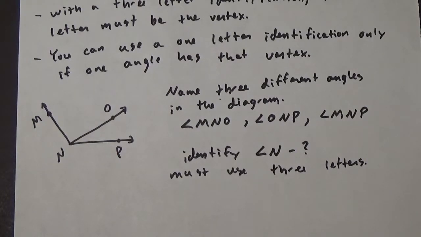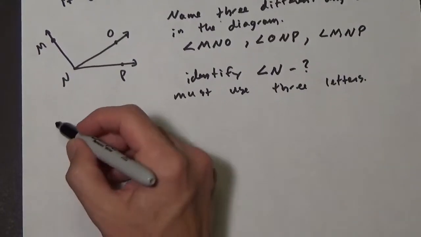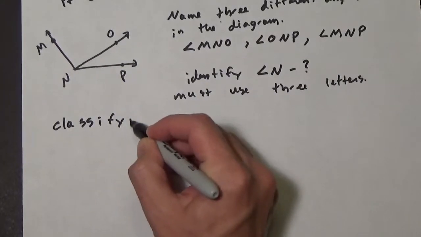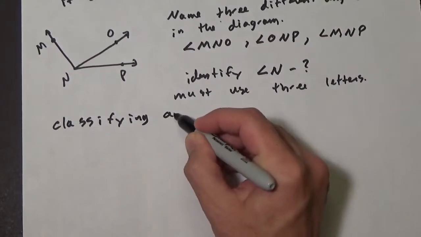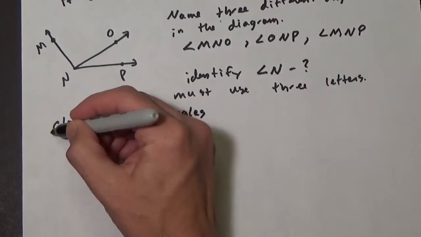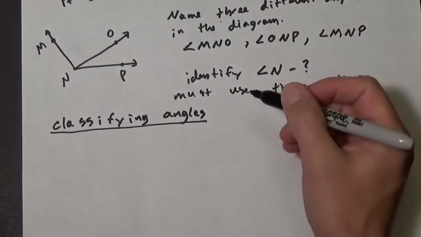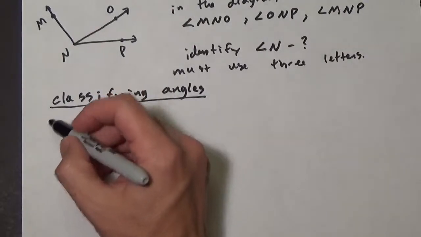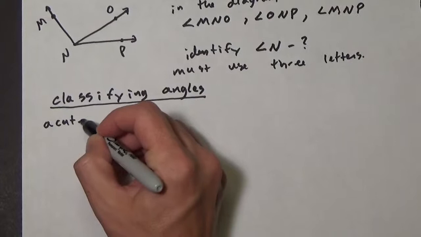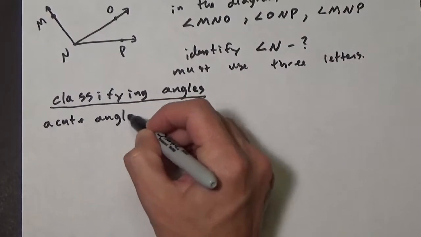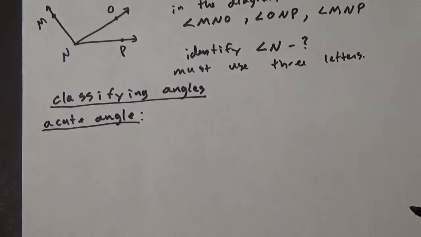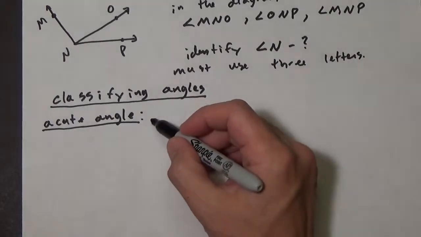Okay, so now let's classify angles. There are four types. Let's first start with an acute angle. An acute angle is an angle whose measure is less than 90 degrees.